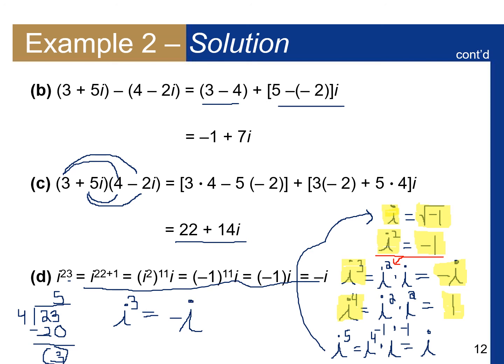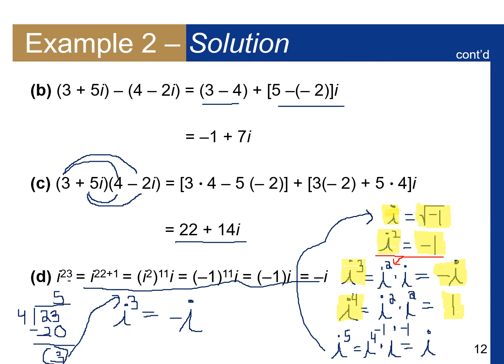So you see here, you have i to the 23rd. You can divide the exponent by 4, look at the remainder, place that onto i, and then simplify it that way. Or you can do it as the slide shows.